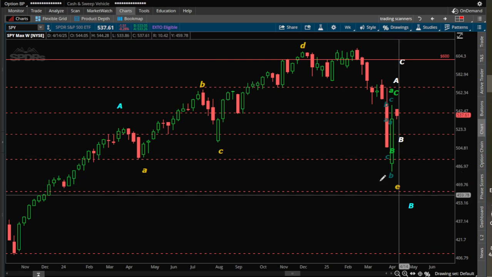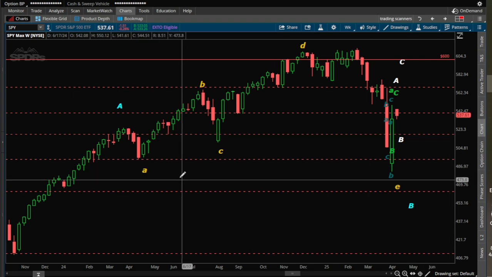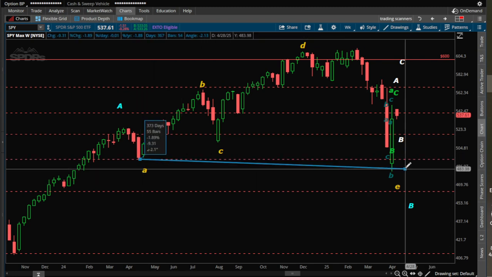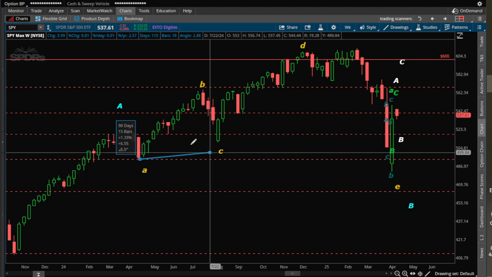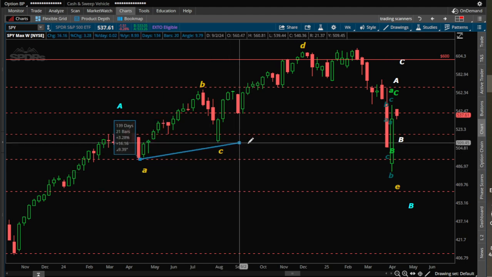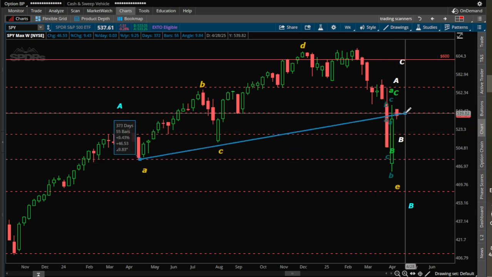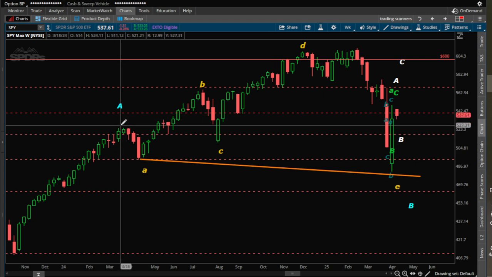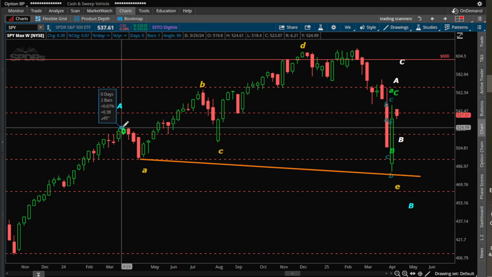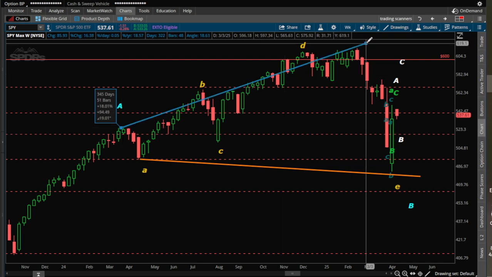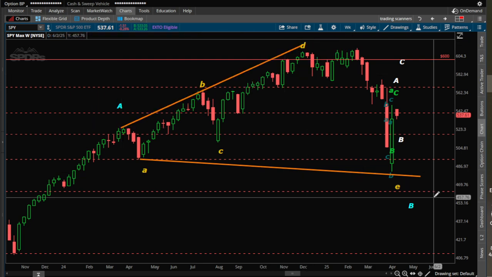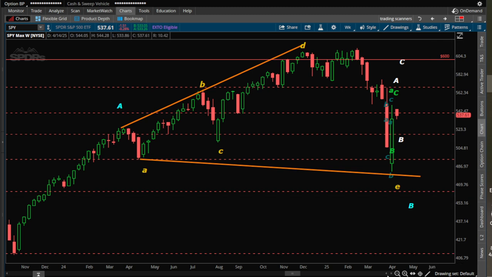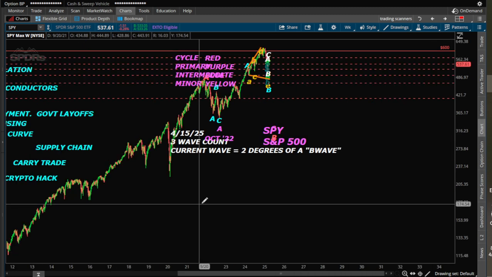If this is a triangle, I know people aren't going to like it because this is lower than this leg here. It's not real symmetrical, but it doesn't always have to be. And I will show you an example real quick, and then we will leave it at that.